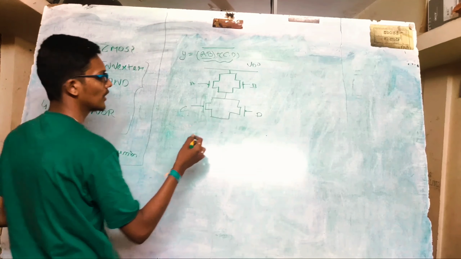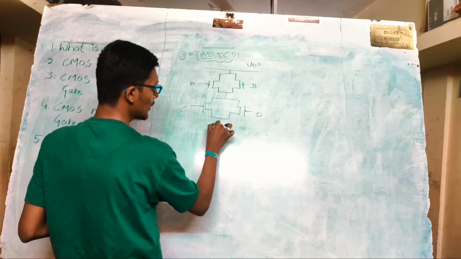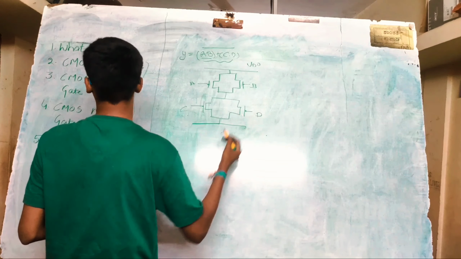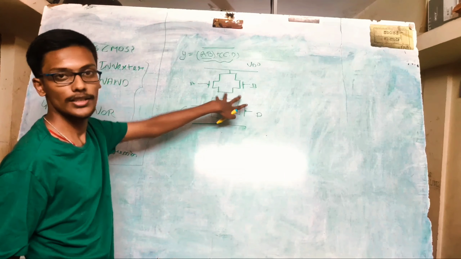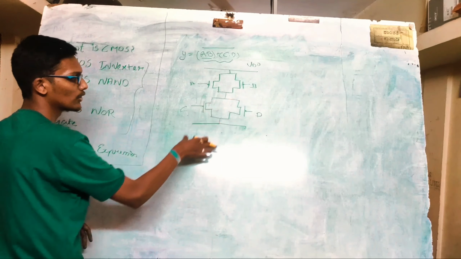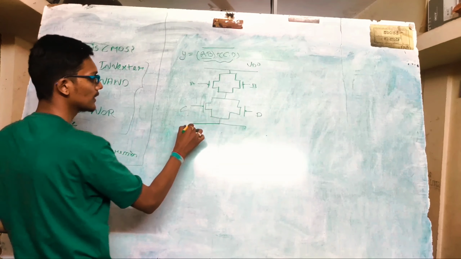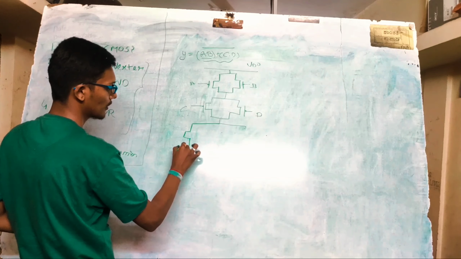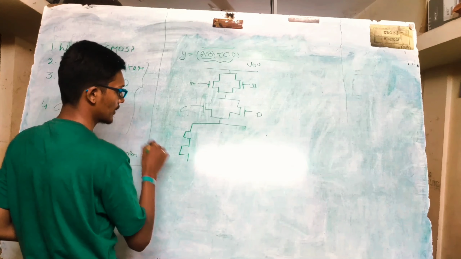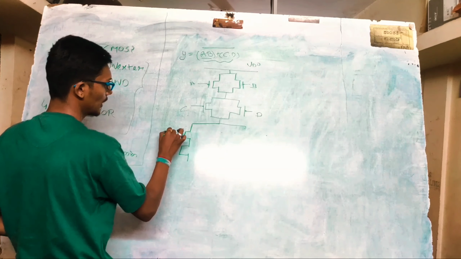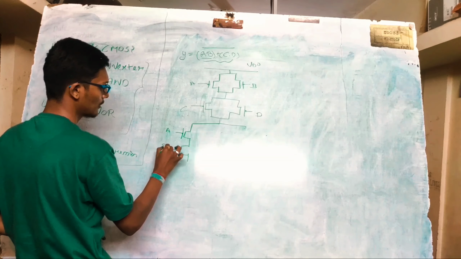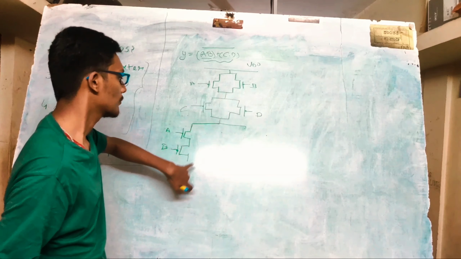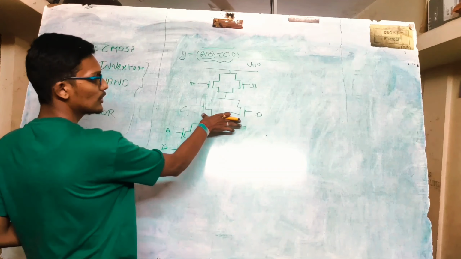The complement of this circuit will be my NMOS circuitry. So these two are in series. So these two are in parallel. So in NMOSes, these two will be in series. Fine. This is my first transistor, and this is my second transistor. So this is A, this is B. Because they are parallel, in NMOS they will become in series. So fine. These two are parallel.